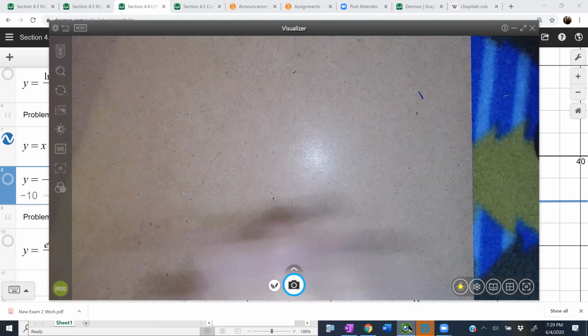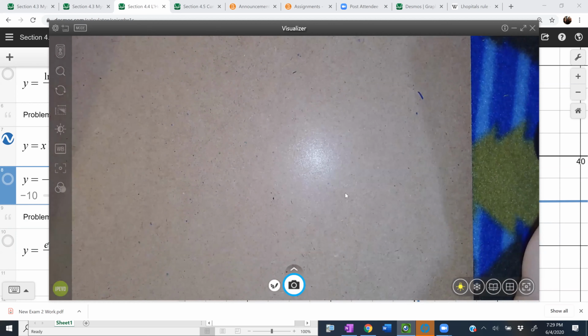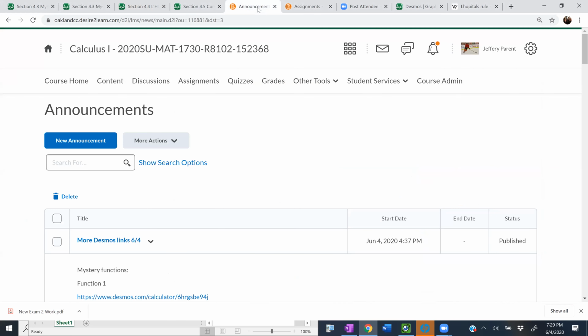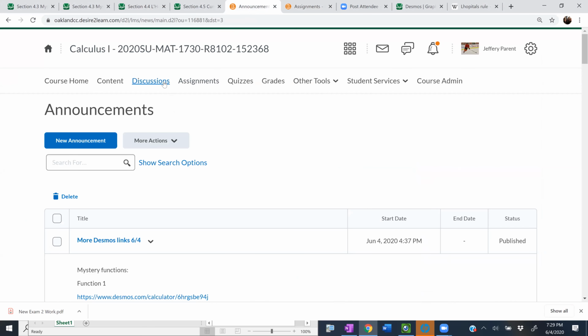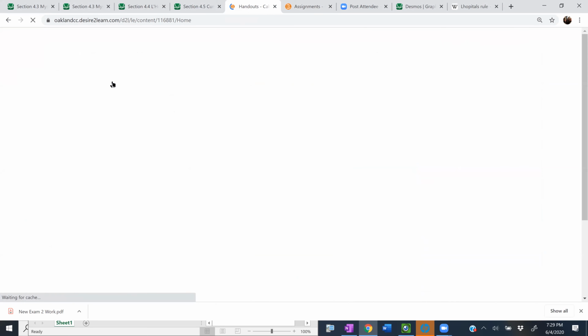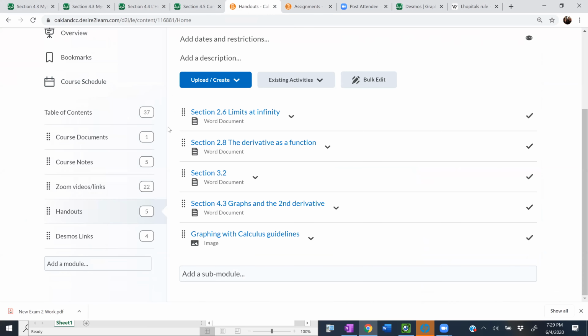Now, I think I sent you an email that had an attachment on it talking about ways to graph things in calculus. And the book has one as well. Oops, actually, that's wrong. Class, let me take a look here at our D2L site. It should be on one of the handouts. Yeah, here it goes. Graphing with calculus guidelines.